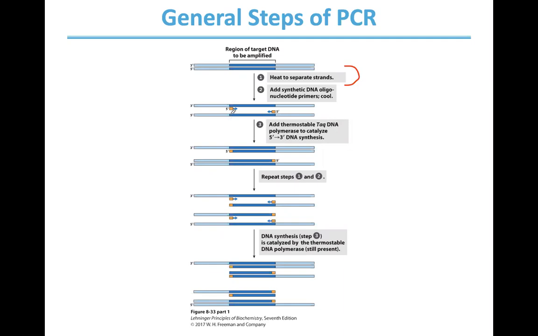And so the DNA polymerase will utilize the primers and start adding these nucleotides in the 5' to 3' direction, right? This way and that way. So until this region is synthesized, right?